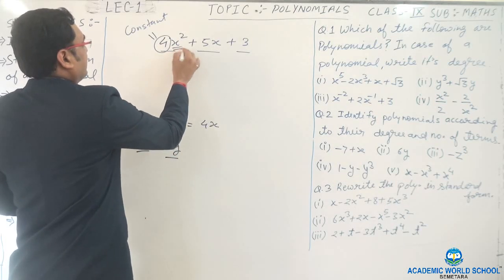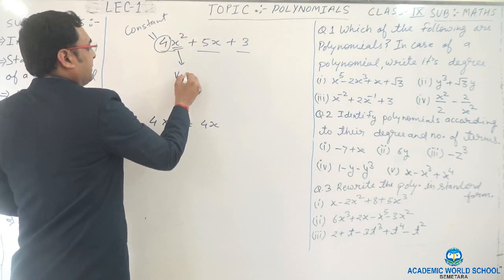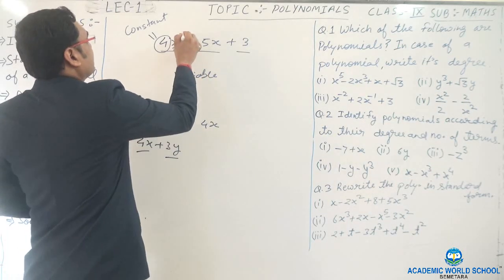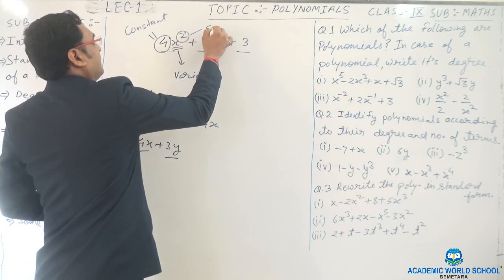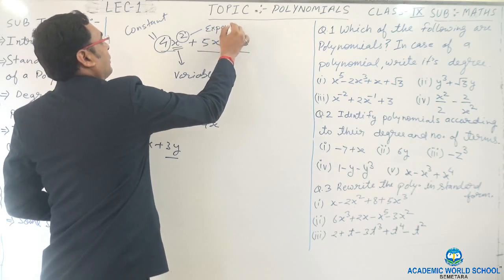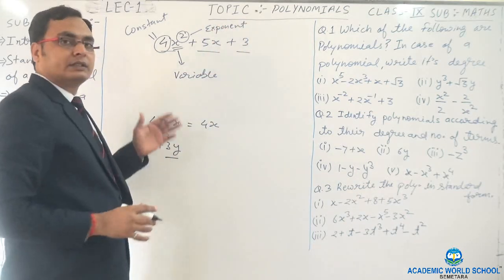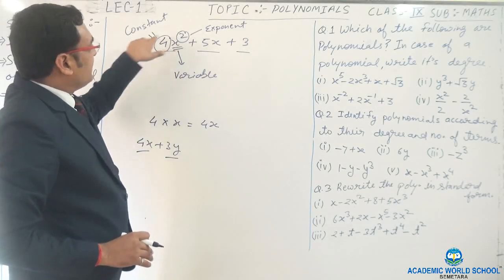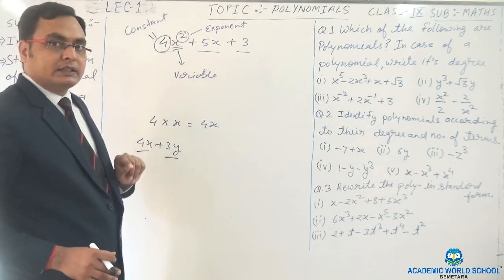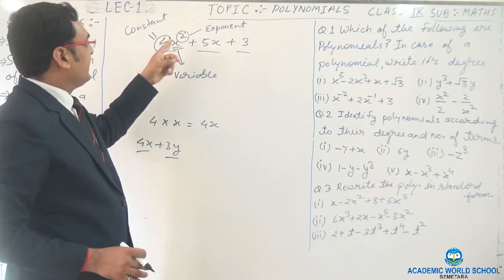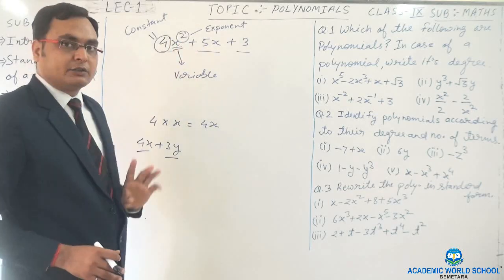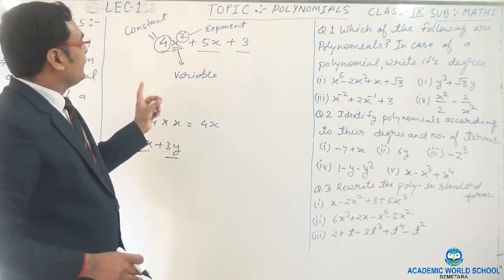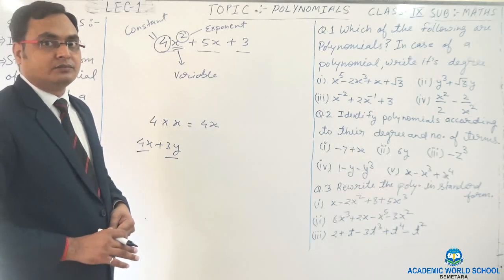This x is the variable part of this term, and this square is the exponent or the power of this term. So here this complete term is 4x square. 4 is the constant, x is the variable and 2 is the exponent. This 4 is also known as the coefficient of x square.